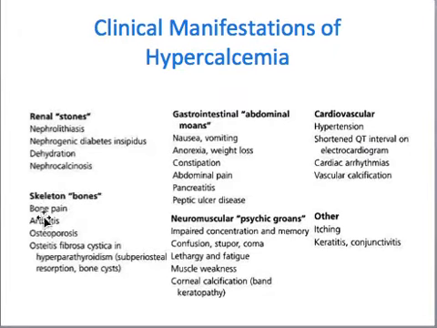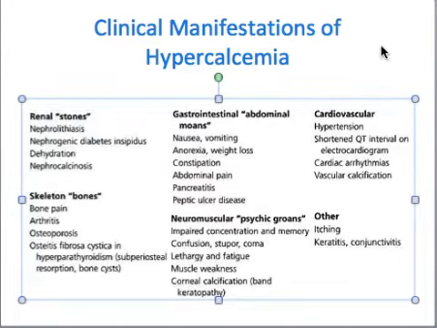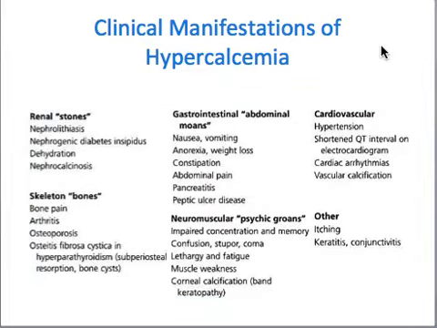In bones, you will have bone pains, arthritis, osteoporosis, and even osteitis fibrosa cystica in hyperparathyroidism. For gastrointestinal moans, you can have nausea, vomiting, constipation, abdominal pain, and in psychic groans, you can have mental status changes, confusion, even coma, and even seizures.